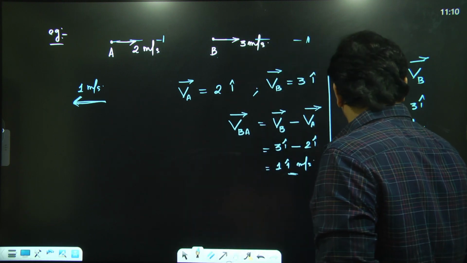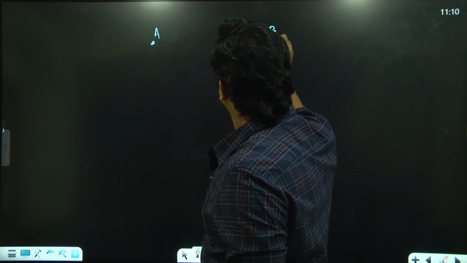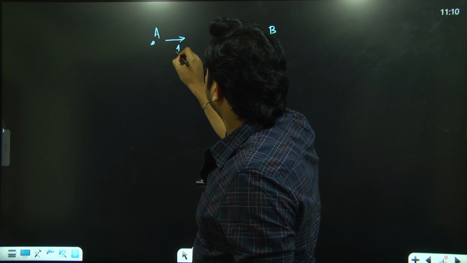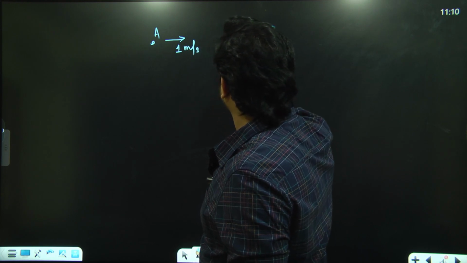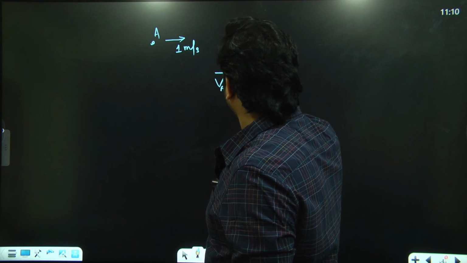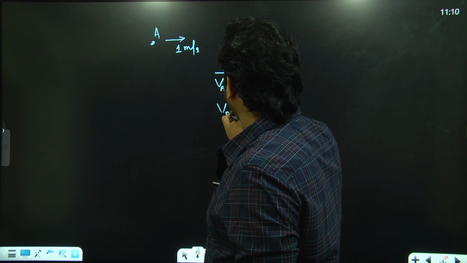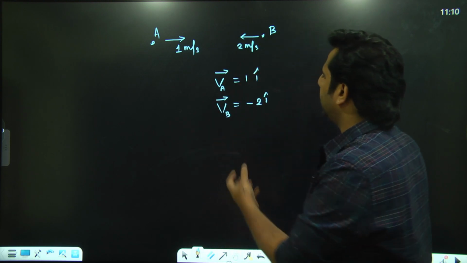Now for example, say there are two persons A and B. Say A is moving at the rate of 1 meter per second, B is moving at the rate of 2 meter per second. Now velocity of A is 1 i cap and velocity of B is minus 2 i cap, considering the direction.